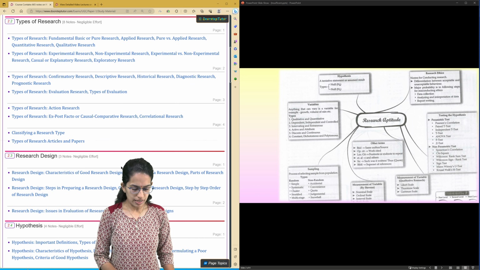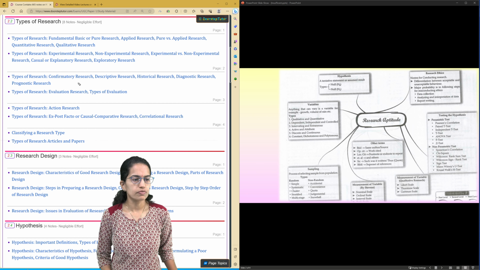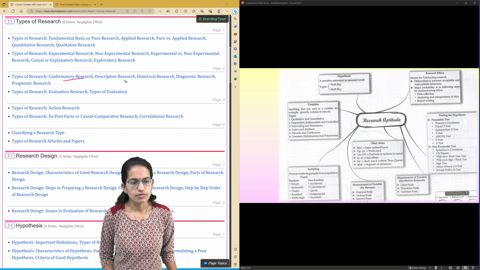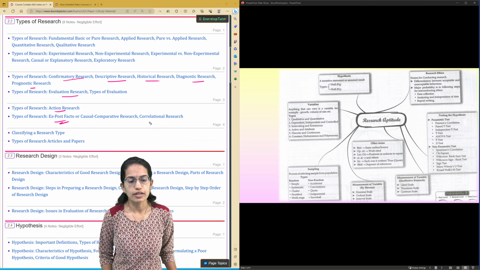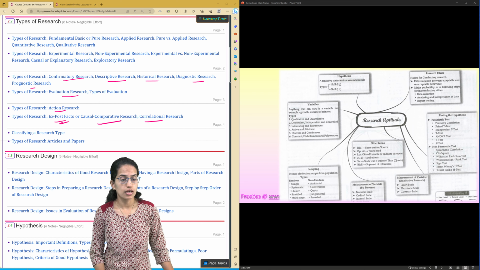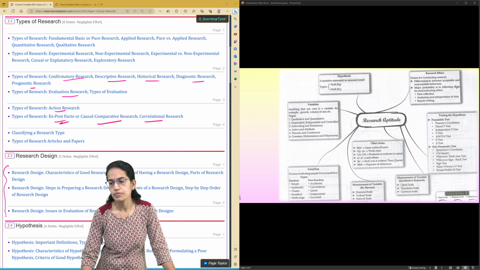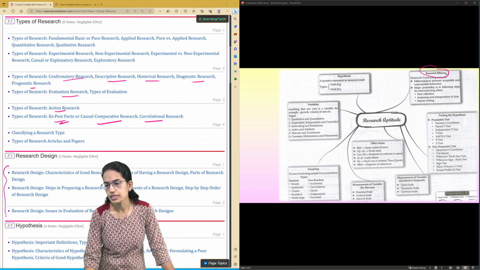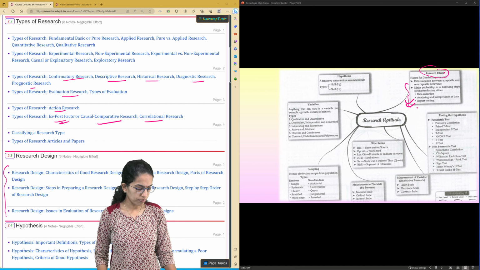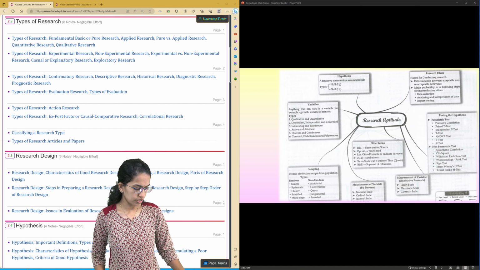Under research itself, you need to understand confirmatory, descriptive, historical, diagnostic, prognostic, as I mentioned, evaluation, action research, ex post facto, correlational, causal comparative. Then we have research design, how is it made? Under research ethics again, just this is not sufficient. We need to have a proper understanding and a proper depth for the same.